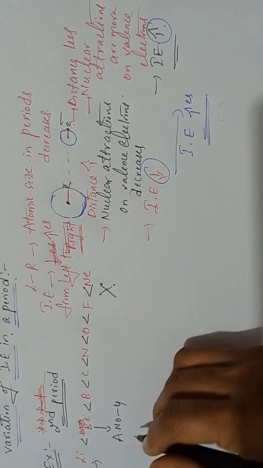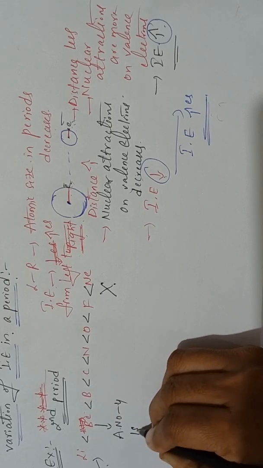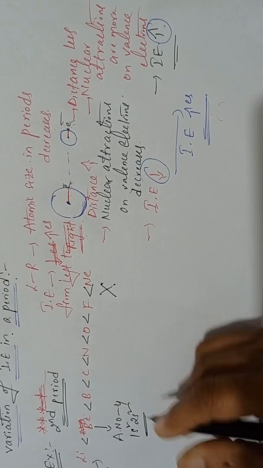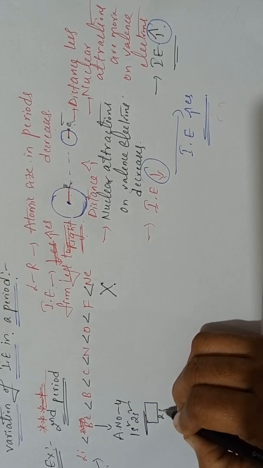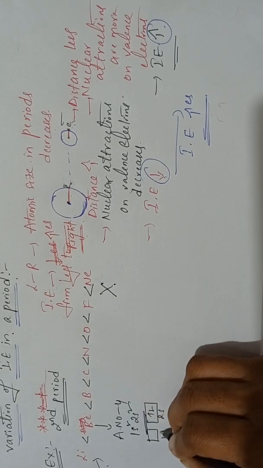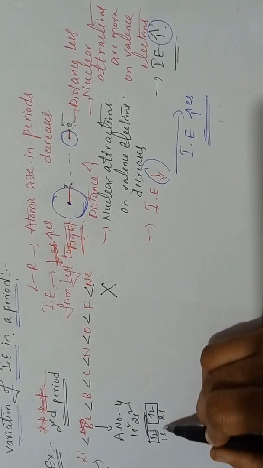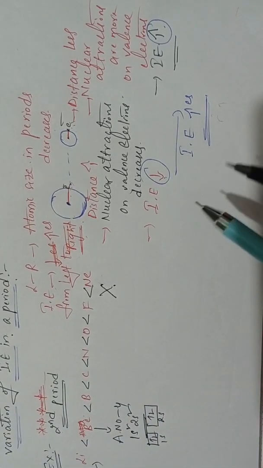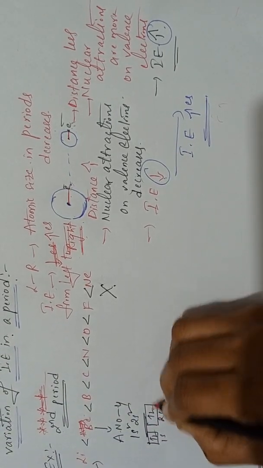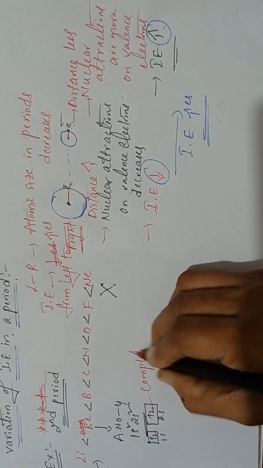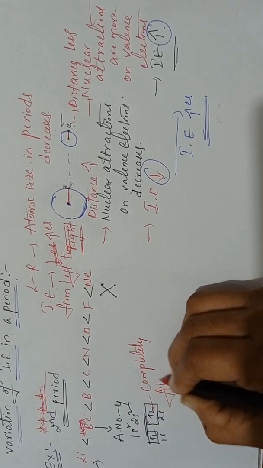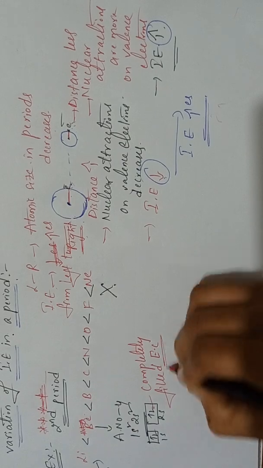What is the electronic configuration? 1s2 2s2. That means 2 electrons in 1s and 2 electrons in 2s, a completely filled electronic configuration. Are you clear, students?